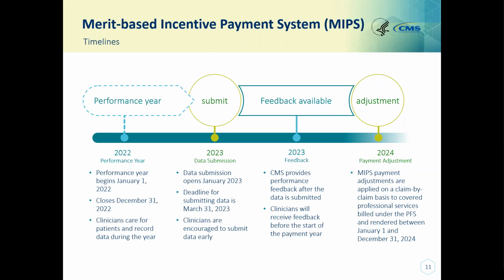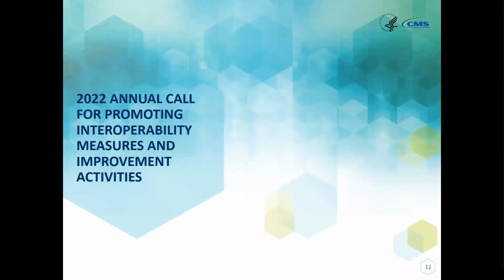The payment adjustment would be applied to all services rendered from January 1st through December 31st, 2024. The same thing happens the following year; it just shifts to the next performance year and bumps all the years down.